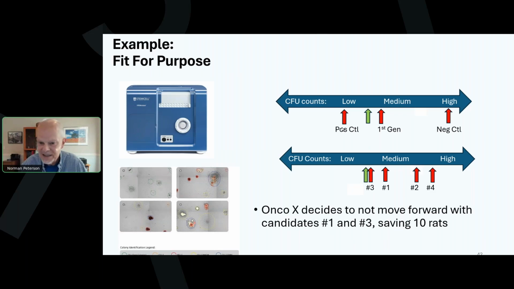We want to make sure our system's working. So you see that over in the far left there. And we don't have to add too much drug to it before it kills all of the cells. And then our first generation compound, we see it confirms. It's pretty close to that therapeutic index. But if we also include the negative control, we have to go out quite high before we start killing cells.